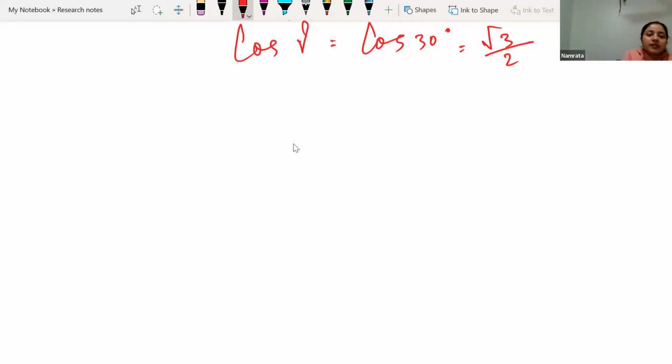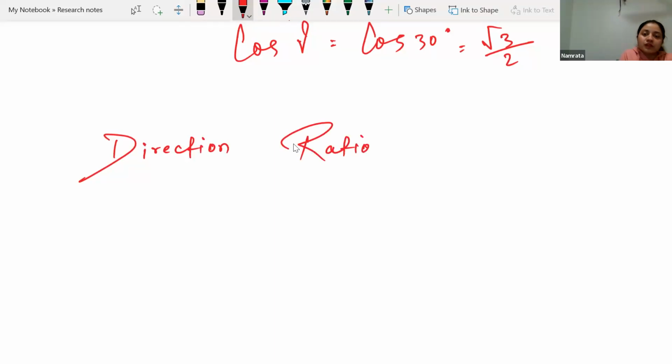Okay, now we will be discussing direction ratio of a line. So for the direction ratio of any line, let's say we have a coordinate plane like this.